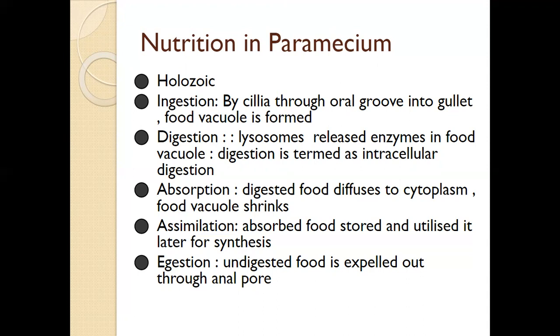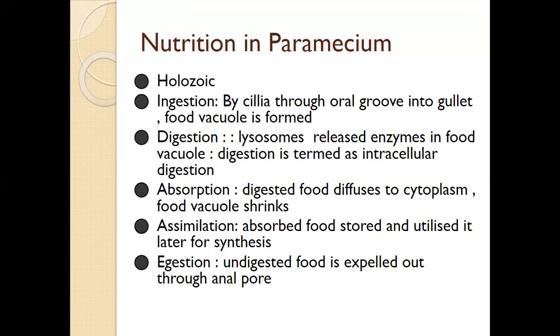And cilia are like hair-like structures. I can also show you the diagram. They help in ingestion of food, and the rest of the things are the same as amoeba. Here in paramecium, egestion is done through a special opening, the anal pore. With the help of the anal pore, the food is expelled out.